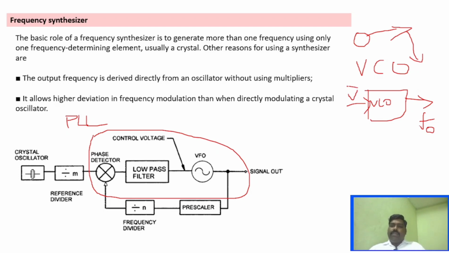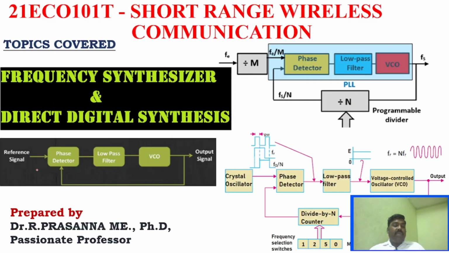Based upon the input voltage which we give, the corresponding signal will be generated. So this frequency is controlled by this particular voltage, and that is why it is called a voltage controlled oscillator. This voltage controlled oscillator is very important in PLL, right? To understand the working of PLL, we'll see the basic PLL diagram.